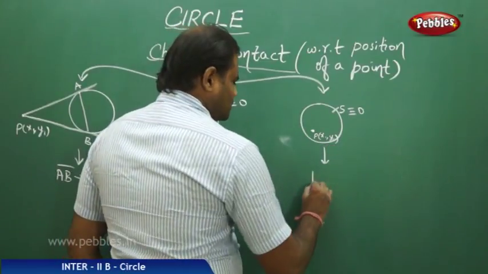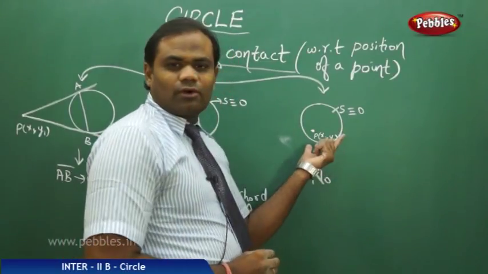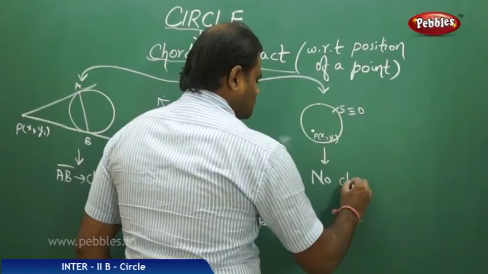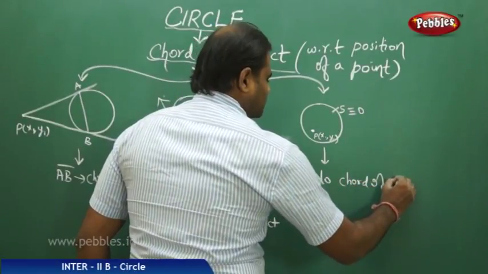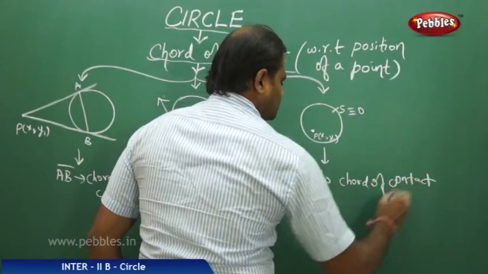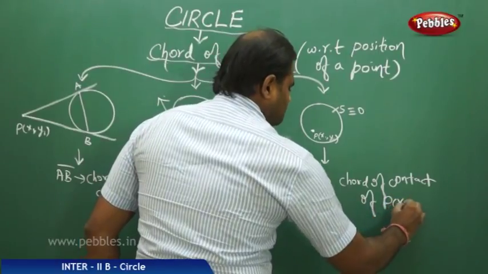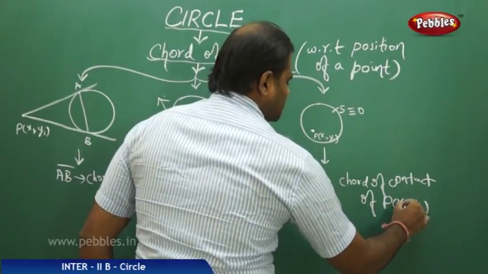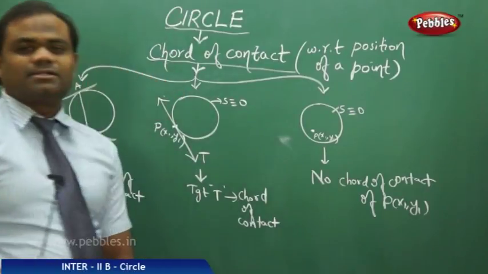For this last case, there is no chord of contact through P(x1, y1), because P lies inside the circle.